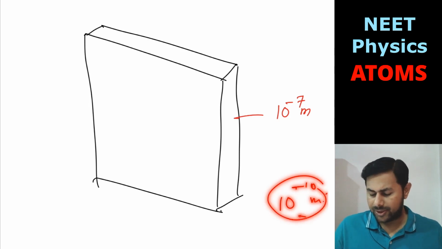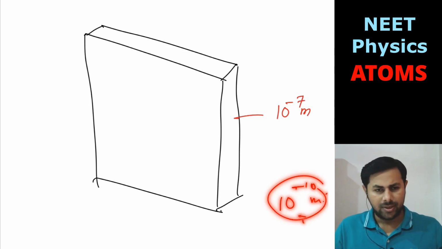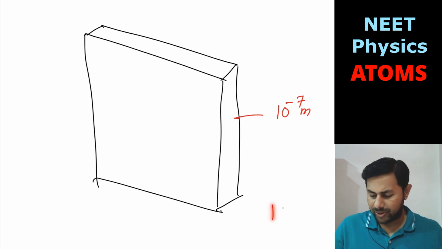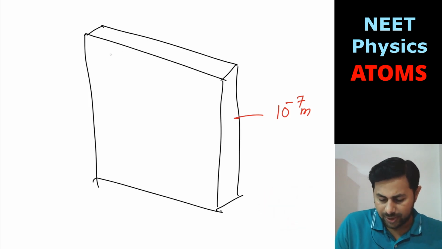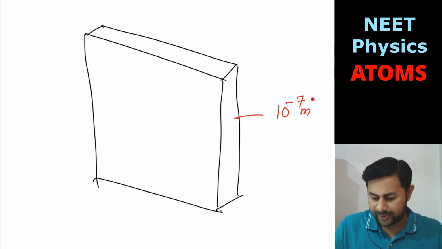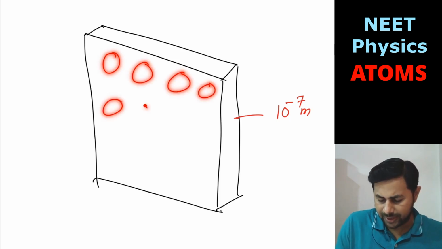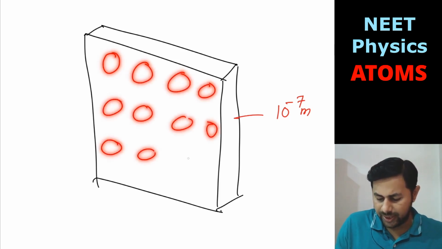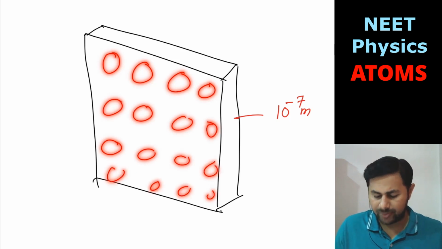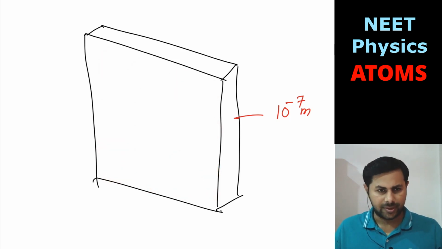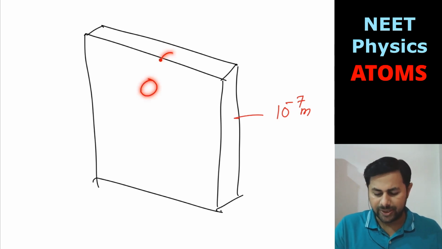The size of a hydrogen atom, gold atom, etc. would be of the order of 10 raised to minus 9 meters. So if the thickness of this foil is 10 raised to minus 7 meters, you can consider it to be only an atomic plane of gold atoms. Very few atoms will be there.